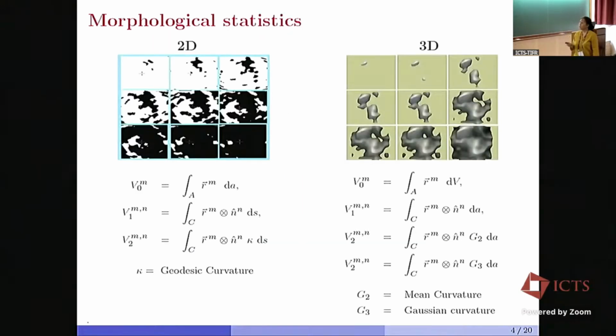Okay, so let me start by giving a definition of the morphological statistics. In 2 dimensions and 3 dimensions, here are the excursion sets. These are the levels. You choose a level, and above that level, you have the spatial regions where the field is defined.